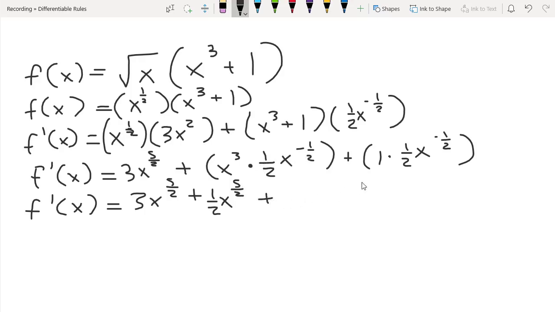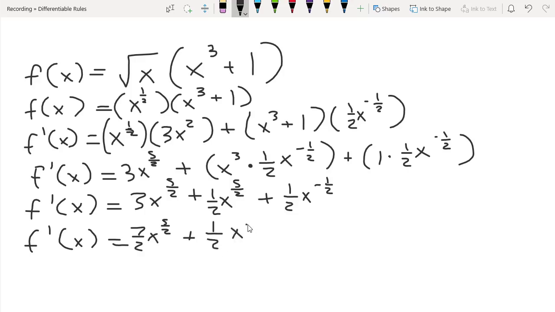And then plus, since this is just multiplied by 1, this is just 1/2 x to the power of negative 1/2. So we can actually simplify this again and make it 3 plus 1/2, which is equivalent to 7 over 2. x to the power of 5/2 plus 1/2 x to the negative 1/2. So this would be your final answer if they ask for the derivative.